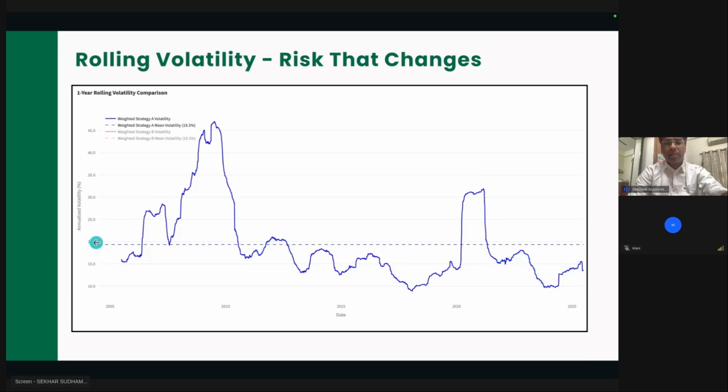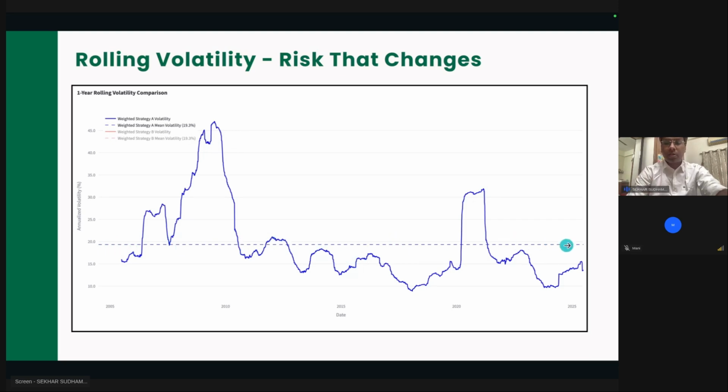If you take the mean of 1 year volatility in the last 20 years, it is somewhere around 20%. If you exclude these outliers, the mean volatility of the index would even come down.